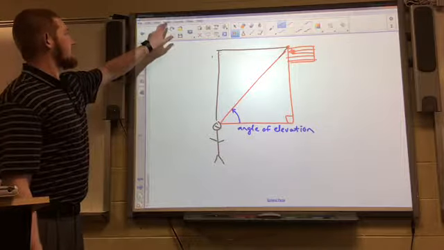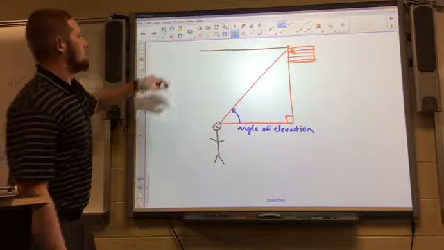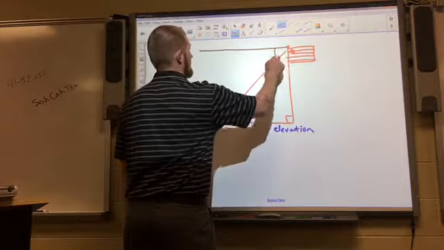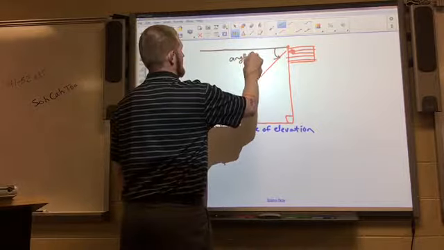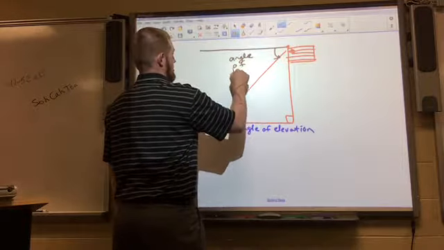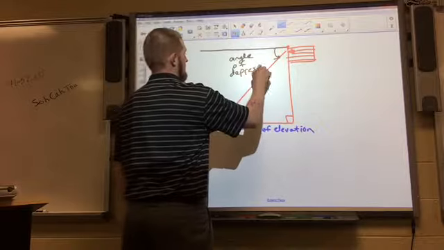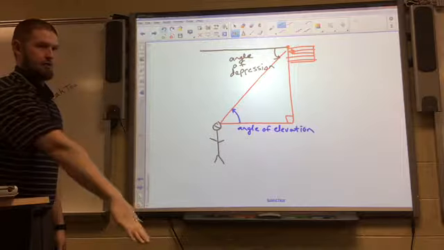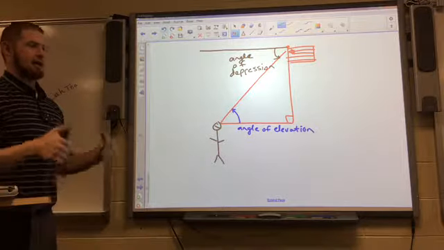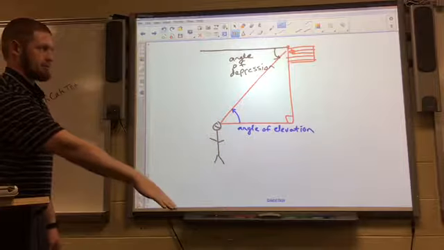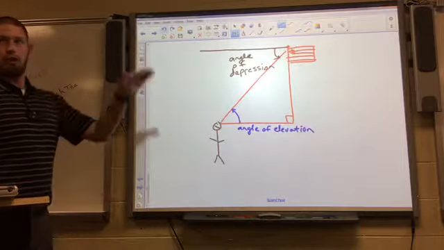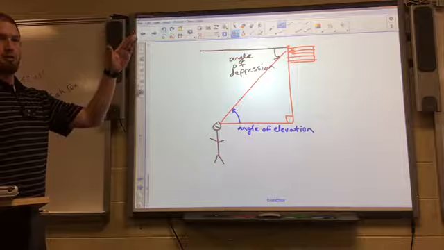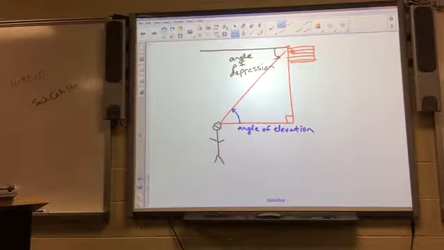That angle up here is your angle of depression, because it's starting here and it's actually going down. Like if you were standing on the edge of a cliff and you were looking down at something, you might be looking for your angle of depression instead of your angle of elevation. Does that make sense? So just be aware of that. They're going to use that terminology in your assignment.